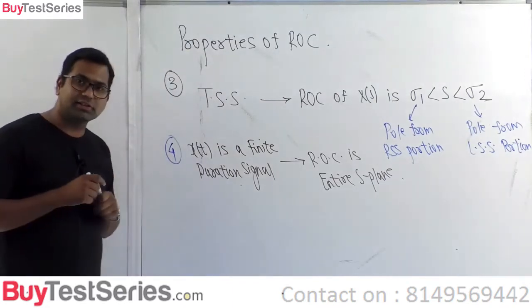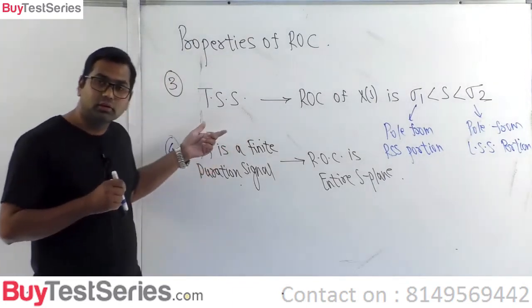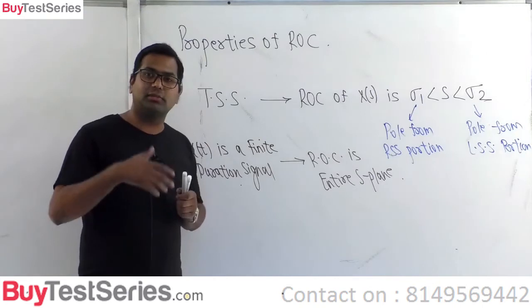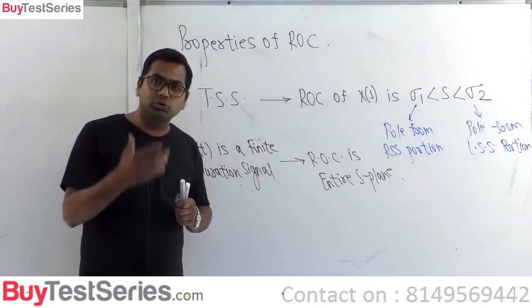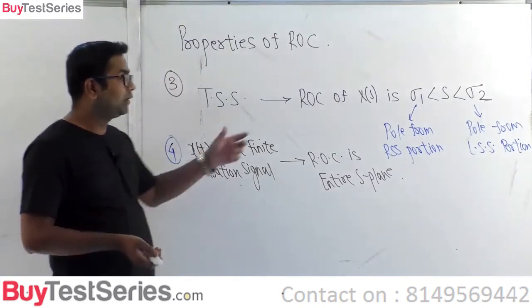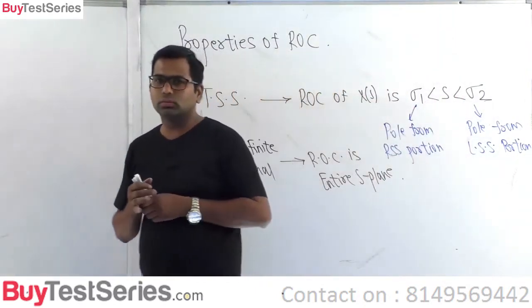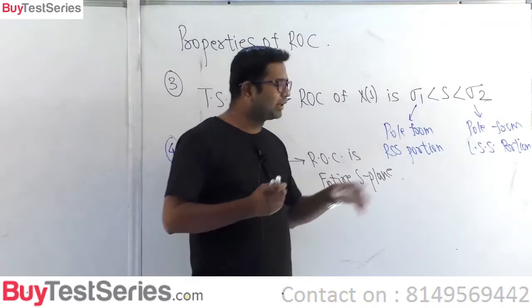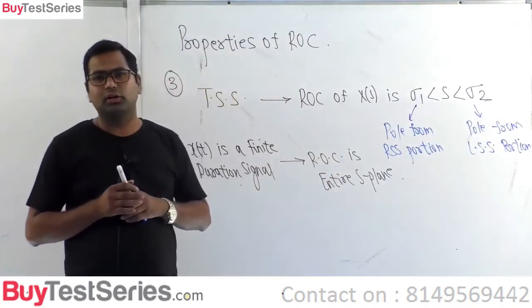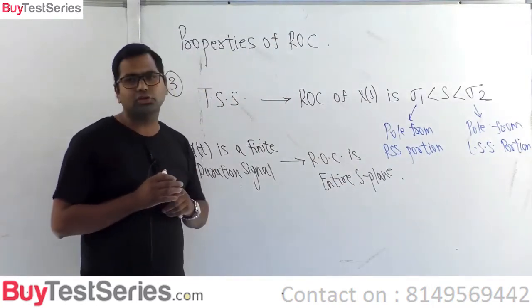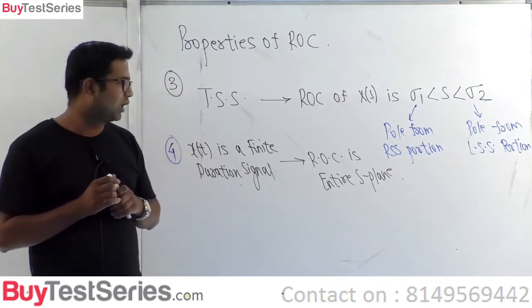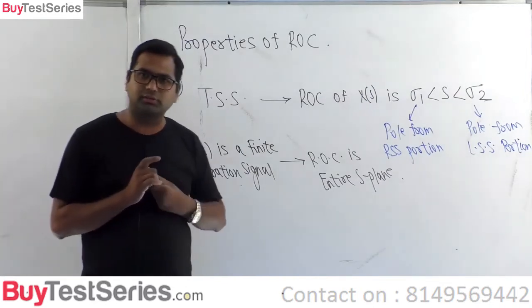The third property states that if a signal is two-sided, meaning it is right-sided as well as left-sided, so it contains both u of t and u of minus t, then the ROC is given by sigma 1 less than s less than sigma 2, where sigma 1 comes from the right-sided portion and sigma 2 comes from the left-sided portion. I hope you have understood these properties.